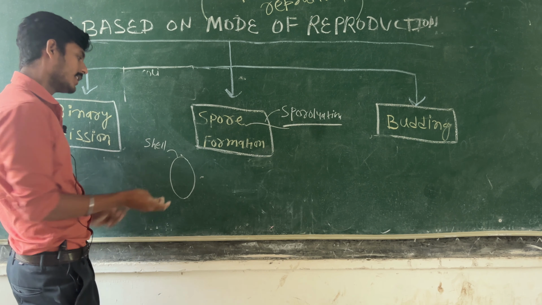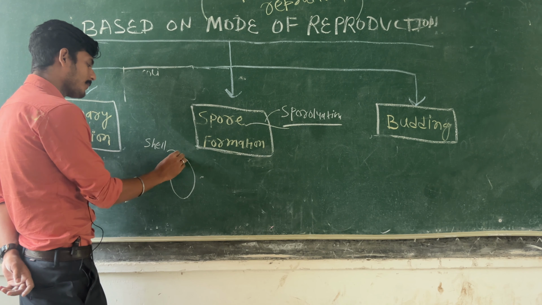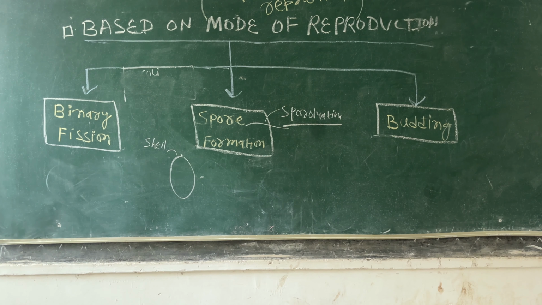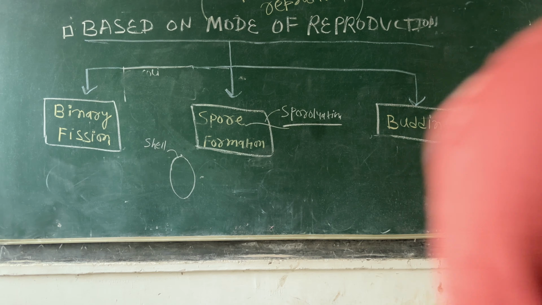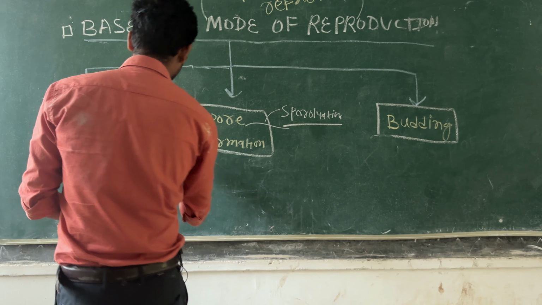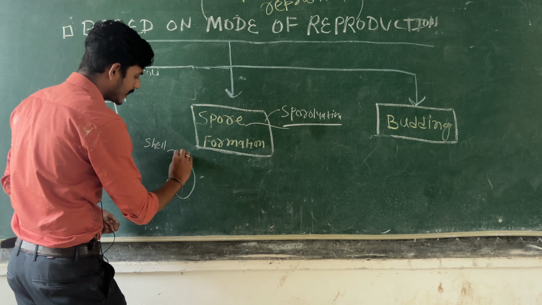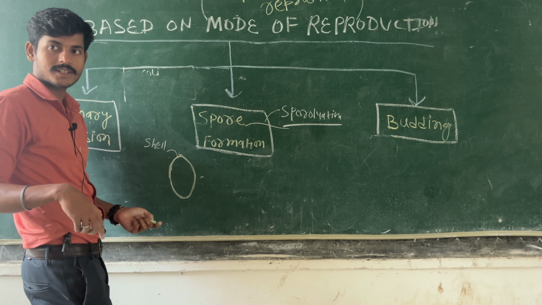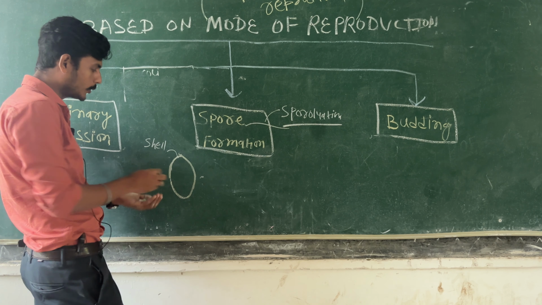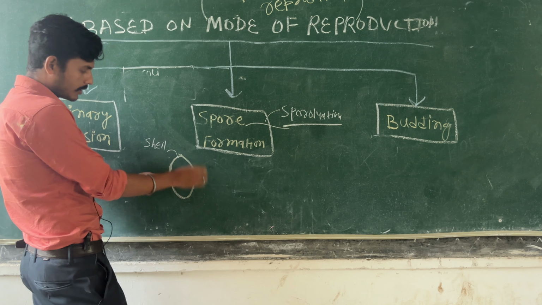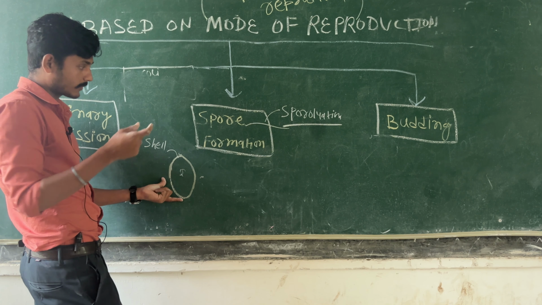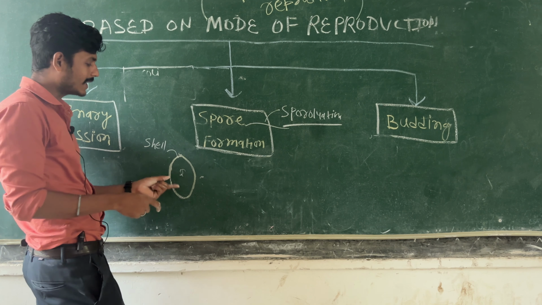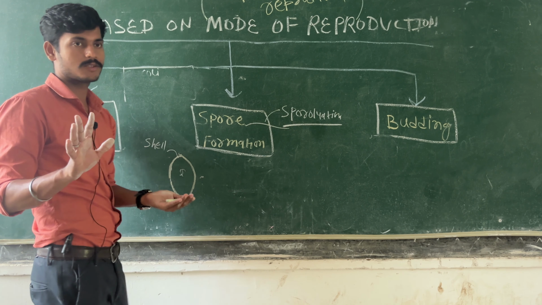In the same way, there is a presence of a highly resistant cell. So whenever there is an unfavorable situation, bacteria form the spore.